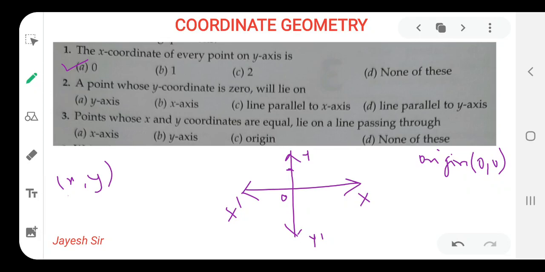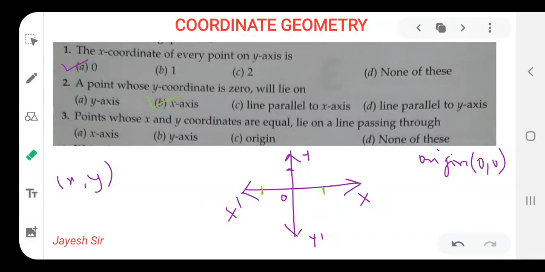That means if the y coordinate is 0, the point would be lying somewhere on the x axis, either here or here. The value of A should be greater than 0 or less than 0. So the answer for the second one would be B. I hope you all are getting it, friends, and this was an easier type of MCQ.